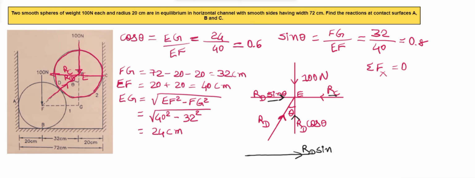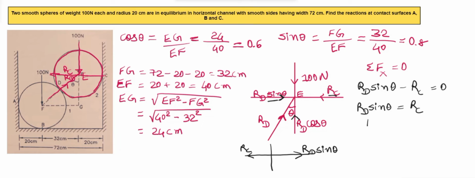Here we have Rd sin theta in forward arrow, then Rc is having backward arrow, which means Rd sin theta will be positive and Rc will be negative. So we'll have Rd sin theta minus Rc is equal to 0. Therefore Rd sin theta is equal to Rc. And Rd into sin theta is equal to Rc. Now we are already having the value of sin theta.